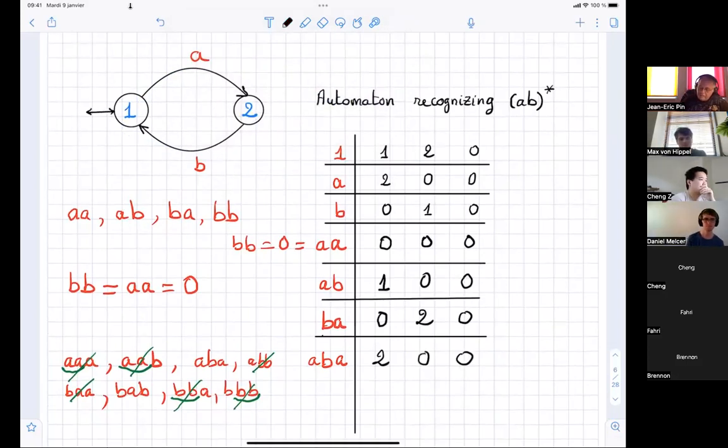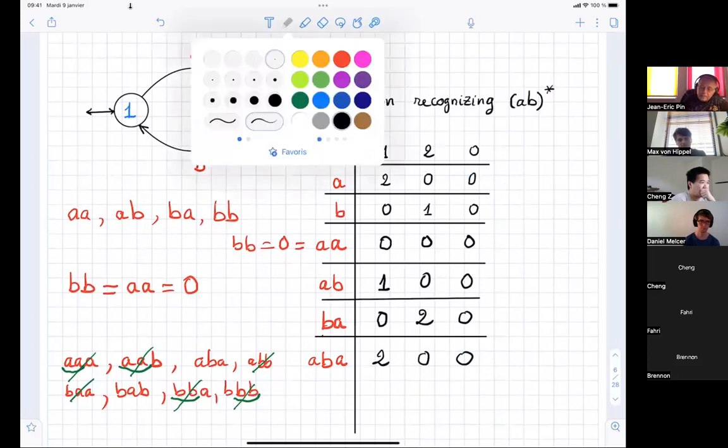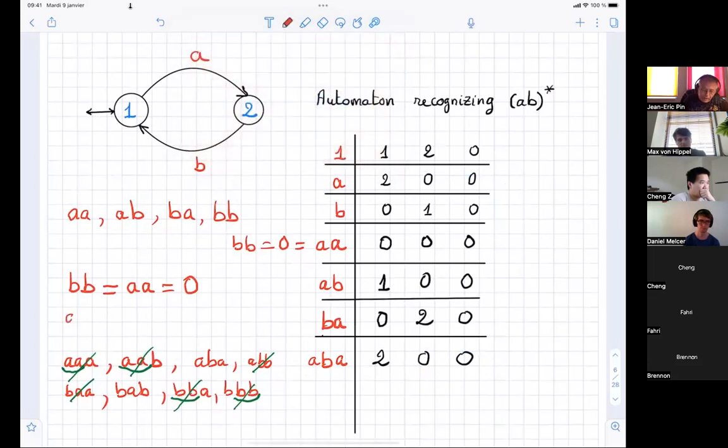But now you recognize that ABA is just the same as A. Okay, you see this is exactly the same thing as this, 2, 0, 0. So what I do is I'm adding this relation, ABA is A.